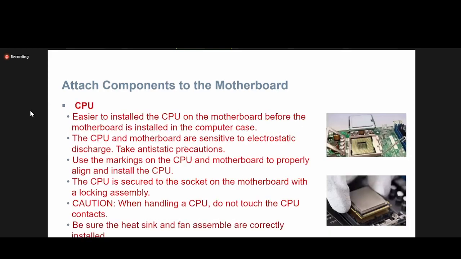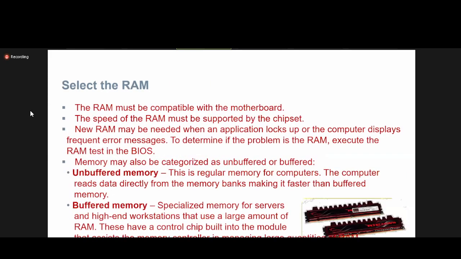So RAM must be compatible with the motherboard. The speed of the RAM must be supported by the chipset, and new RAM may be needed when an application locks up or the computer displays errors.